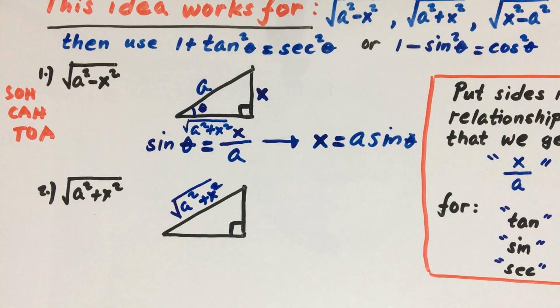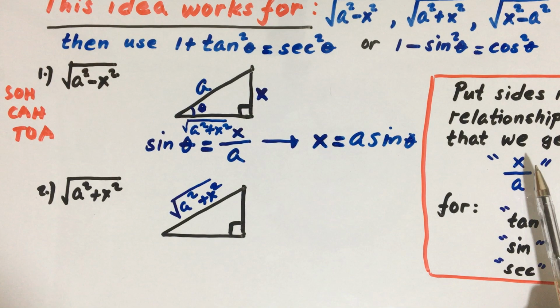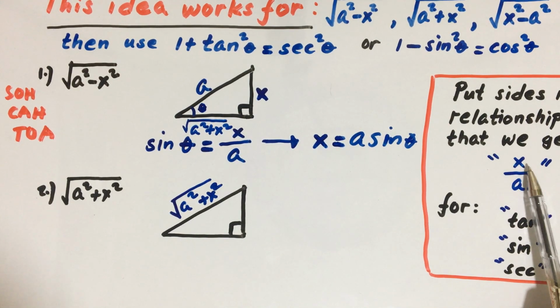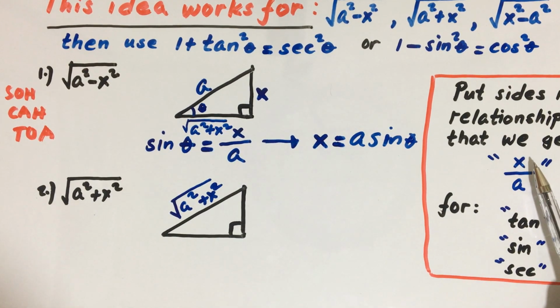Now the question is, which of these sides would be our x and which would be our a? Take note that our goal here is to get x over a. The position of x and a should be such that we get x over a for tangent, sine, or secant.